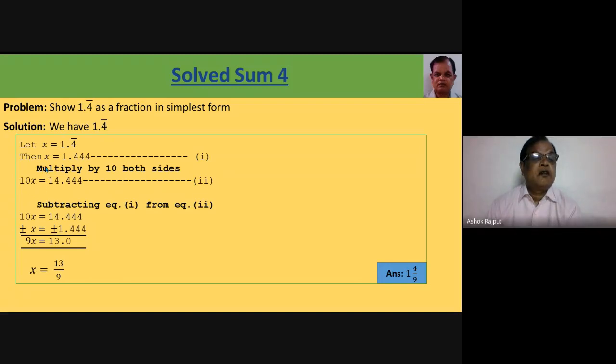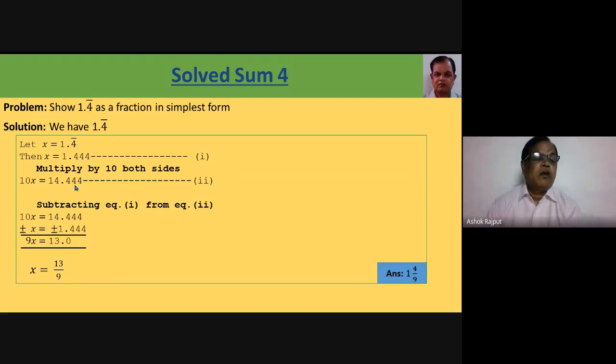Here 10x, equation 1, here 10x equal to 1.444. You can say, but here is also 4 three times, here also 4 three times. So we can write up to infinite. We have written here because we are free, so we can write it many times, as required, because we want to put here the digits in equal number.